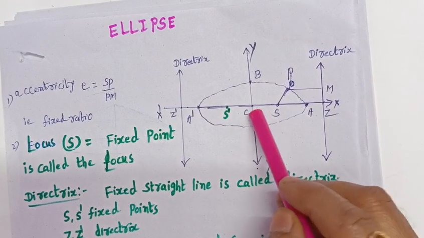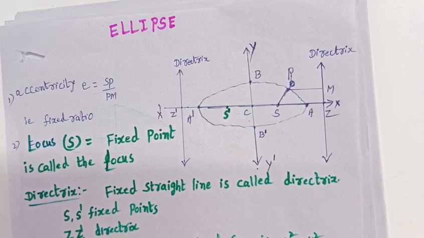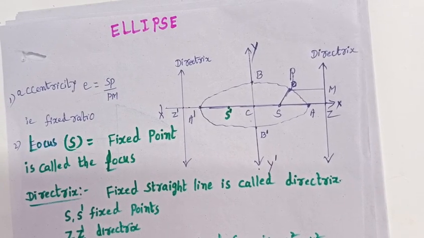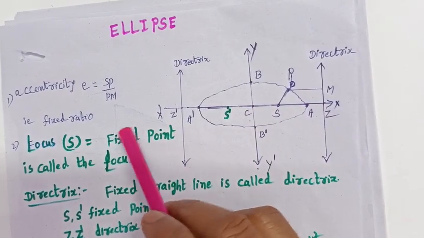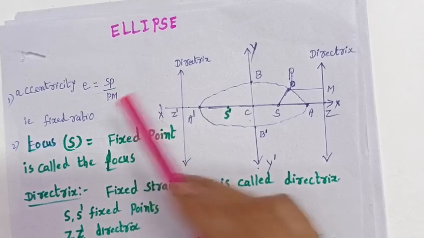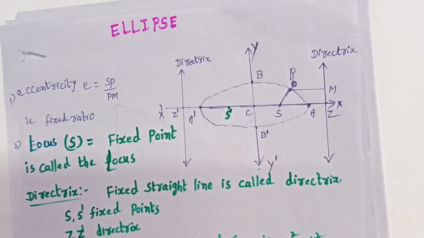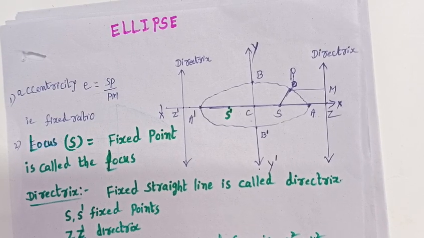The center C goes to origin, that is 0, 0. Next, foci F equals plus or minus AE. A means this length and E means eccentricity, SP by PM. Plus or minus means plus AE, 0 and minus AE, 0.